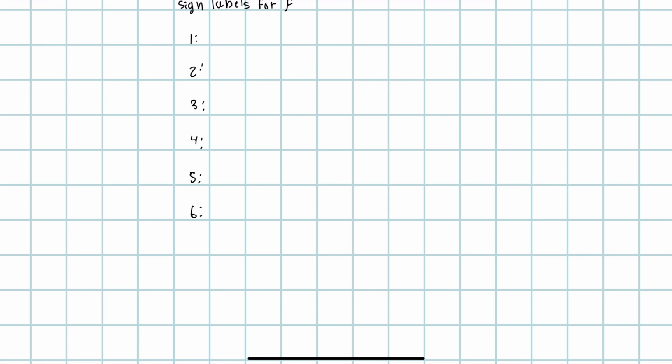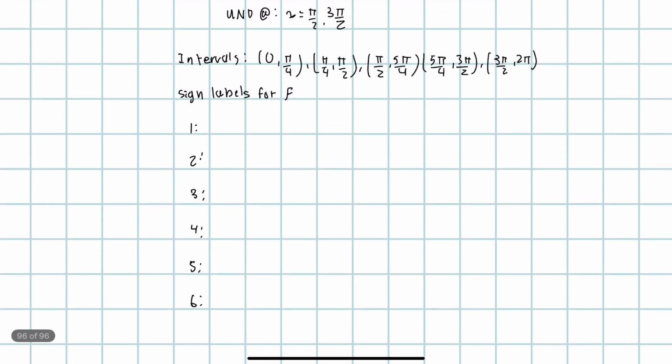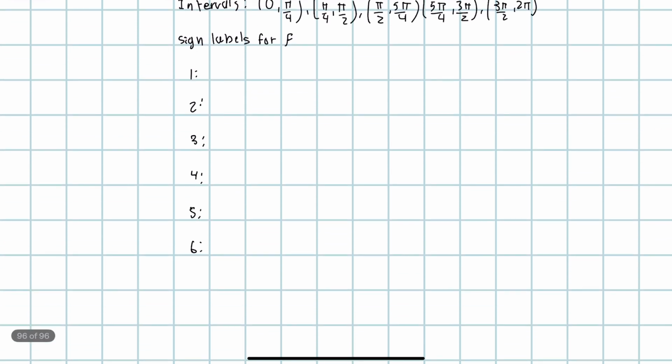Start with x is equal to pi over 6. So we're gonna have tangent less than 1, therefore f is gonna be less than 0. So that's gonna be negative.